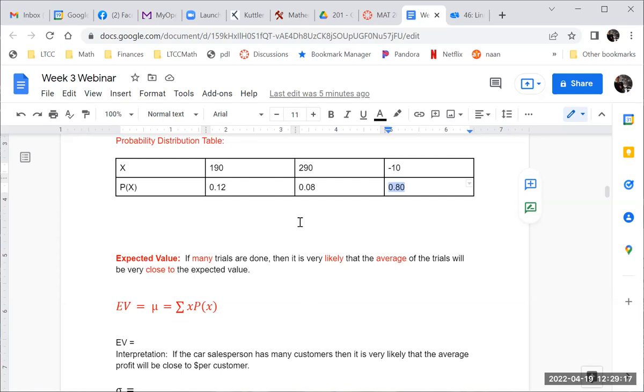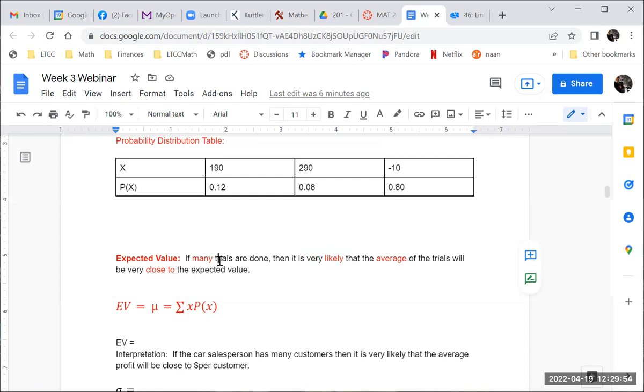What the expected value pretty much tells you is if many trials are done, so in our case, if we had many customers that came and looked at cars, then it's very likely, and by the way, as this class is elementary statistics, we keep it vague, so just very likely, you don't have to get any kind of probability of likeliness, but you should understand the idea of being likely.